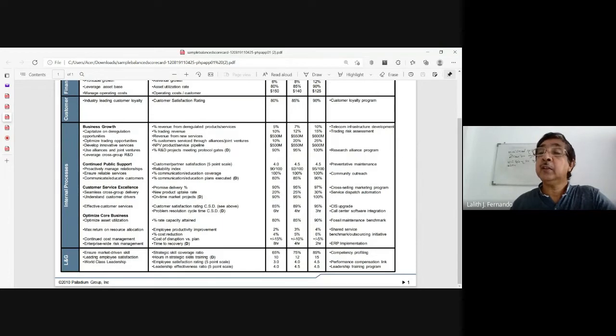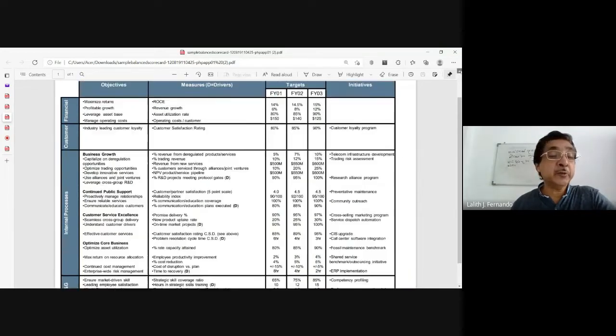Now, when you go into the sample scorecard, you will find that in the internal processes perspective, we have to discuss different types of aspects. I think you see that it's quite comprehensive, and you have to think in certain lines of thinking.